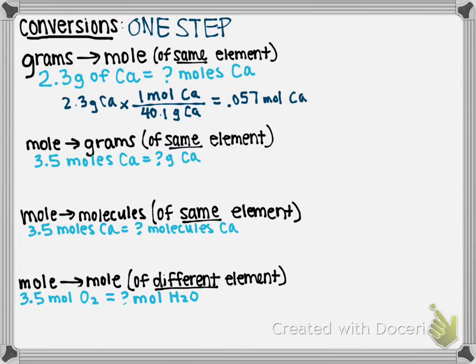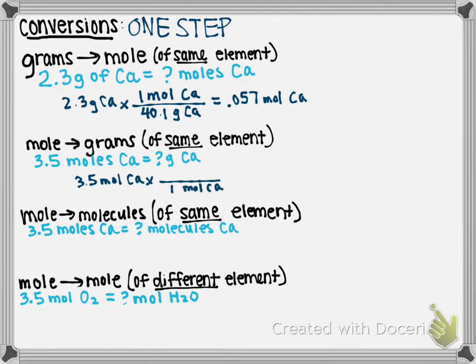If we wanted to go the other way, going from moles to grams, you start by writing what you're given. In this case I said 3.5 moles of Ca. Set up your conversion. What you're given has to match diagonal, so mole Ca is what you're given, so mole Ca has to go on the bottom.